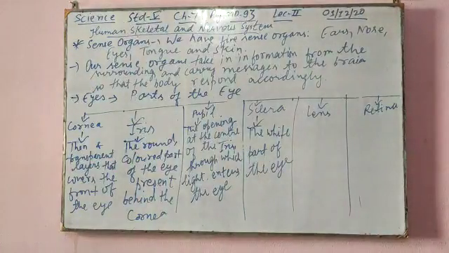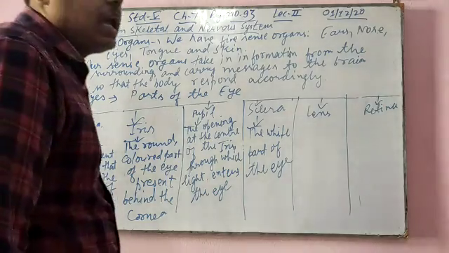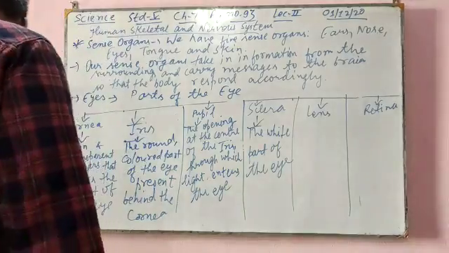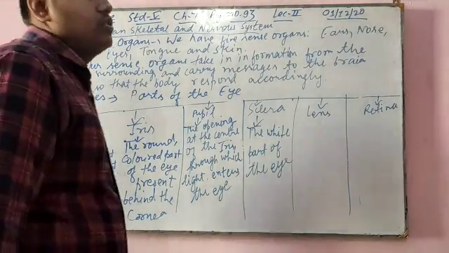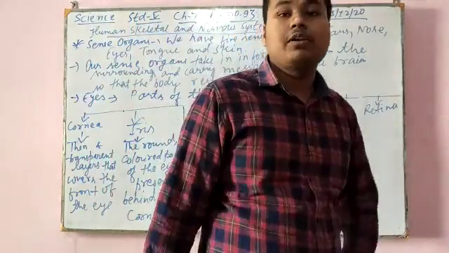The lens is located just behind the iris and pupil. It helps to focus light on the retina. If our lens is damaged, we will not be able to see.